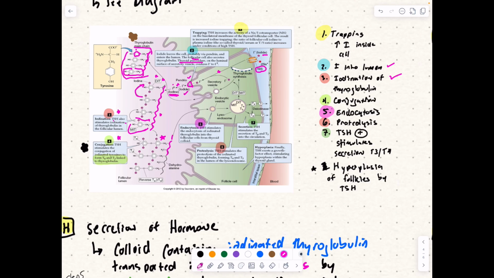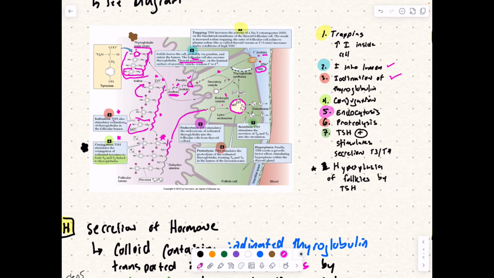And now that we have a T4 on our thyroglobulin right here, we're going to package this thyroglobulin into an endocytic vesicle back into the follicular cell, and it's going to join other ones. So now you're in the follicular cell, in this packaged lysosome, and you're going to have proteolysis of thyroglobulin.